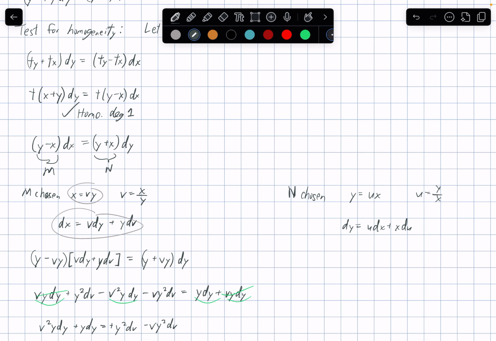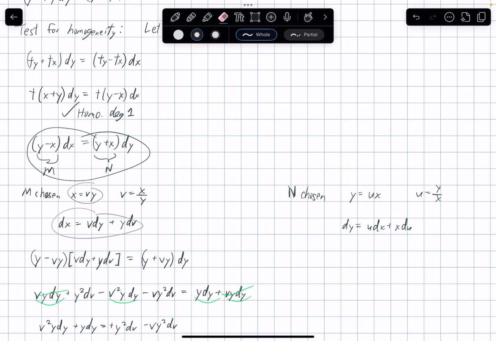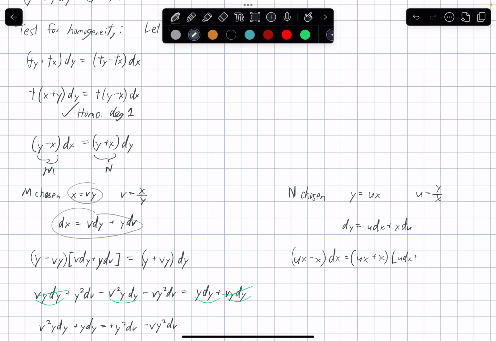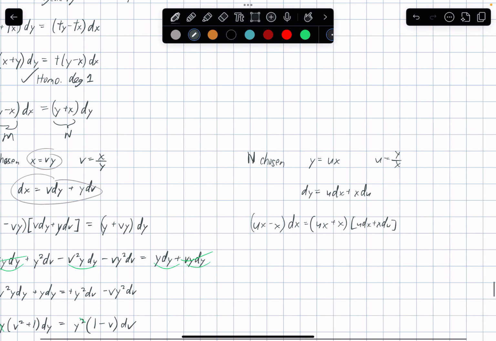Then we substitute, no? Look here. Y is ux, minus x times dx equal to y is ux plus y. Dy is u dx plus x du.